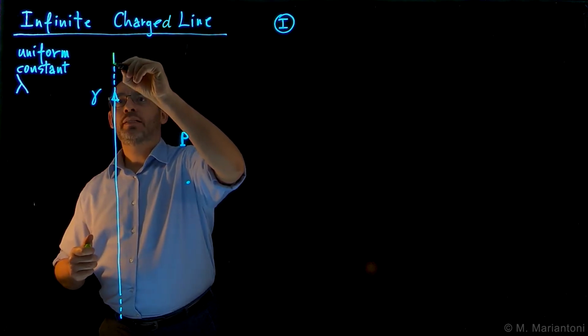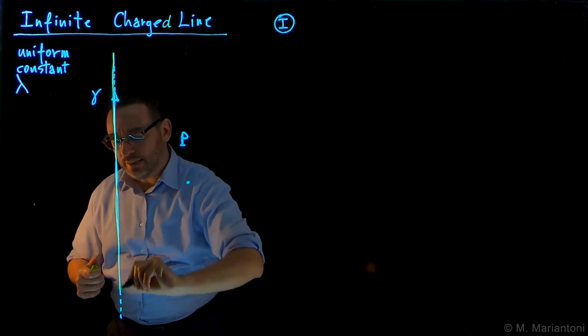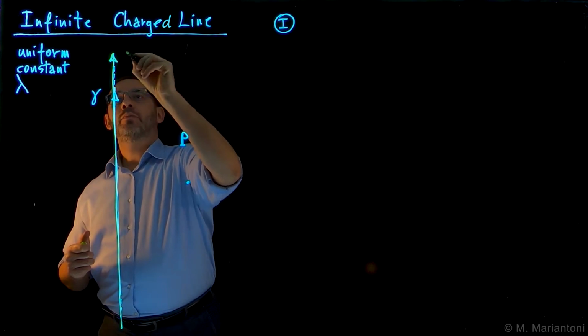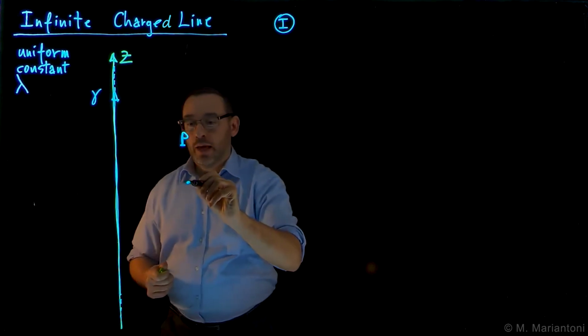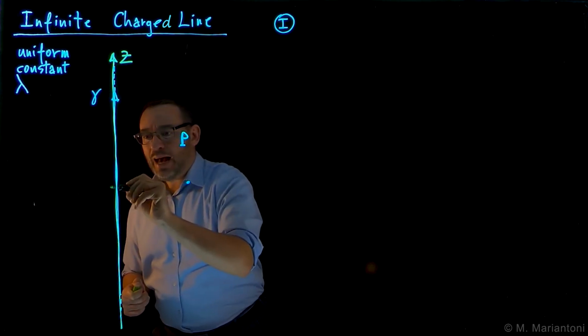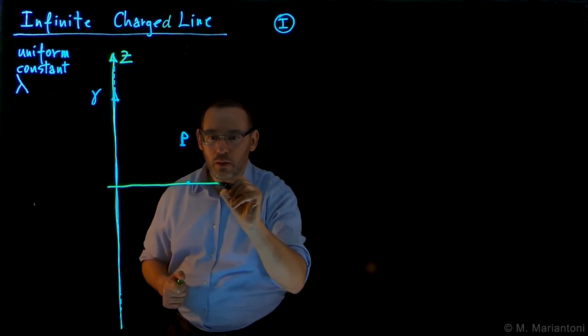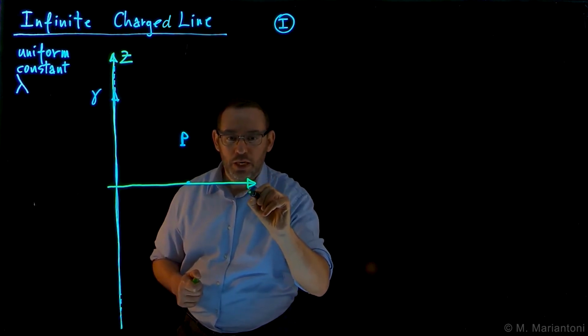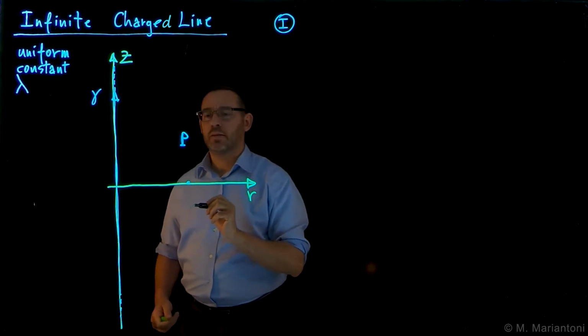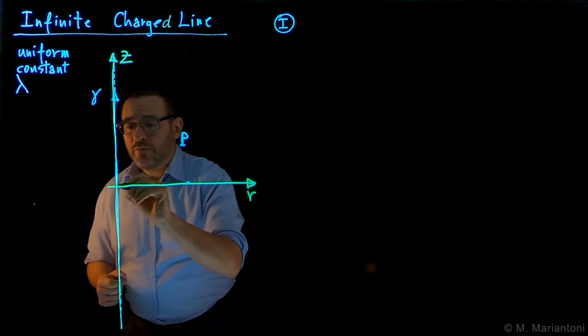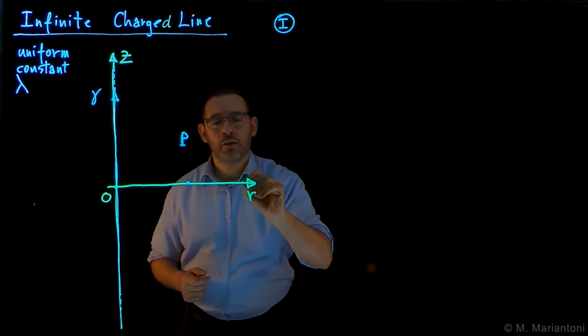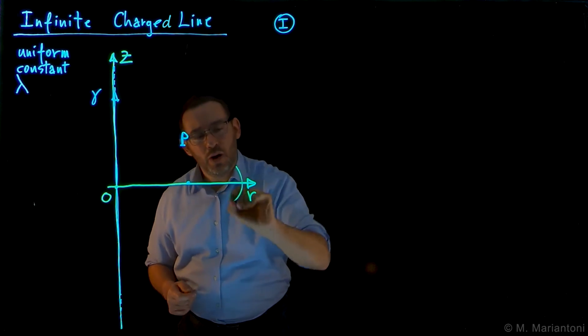This is the z-axis of the coordinate system, and this will be my r-axis, the radial axis. The angle phi from the origin goes in the counterclockwise direction.